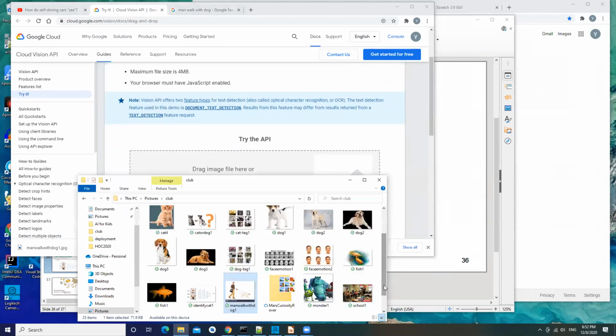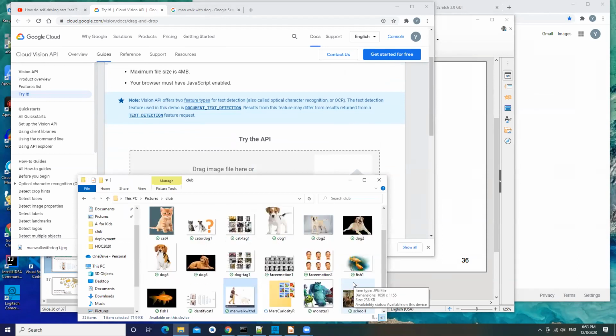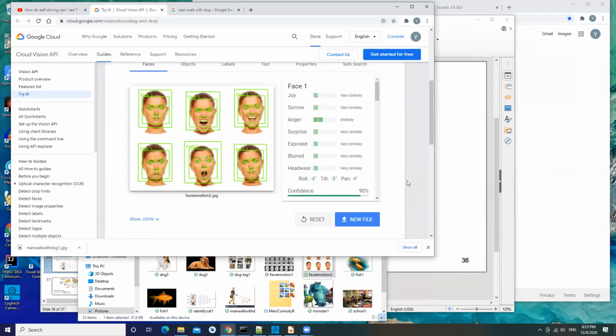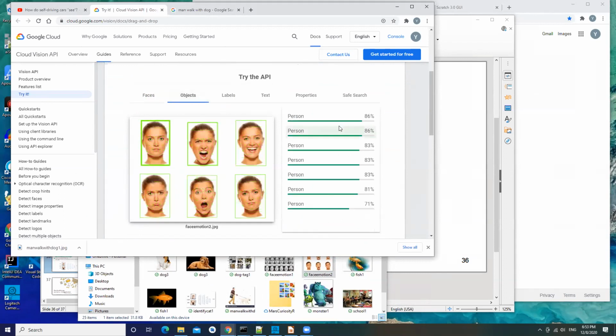And I'll give you one more thing, which is quite interesting. I believe, okay, I drag this picture. This picture is a human with different kinds of emotion, right? You can see here, this is a person, of course it's six pictures, but it's the same person with different faces, right?